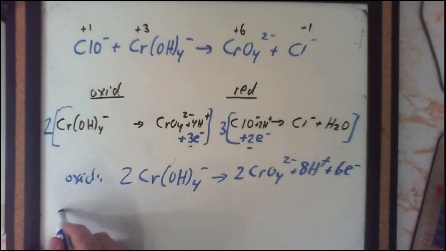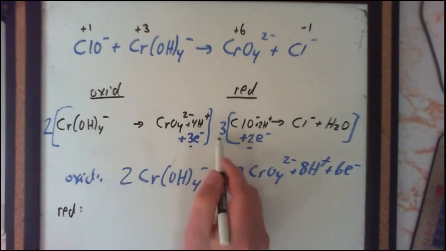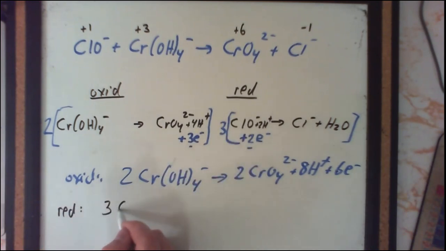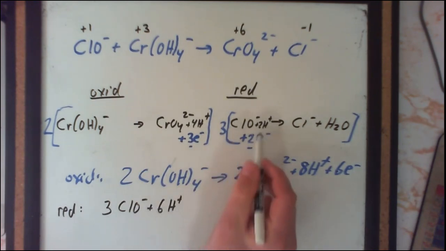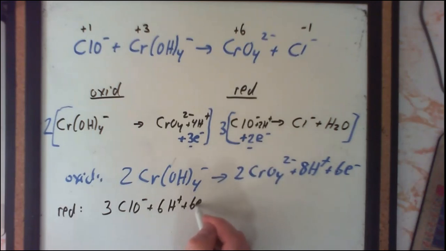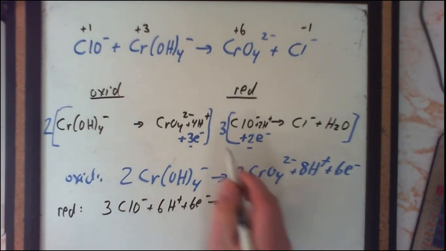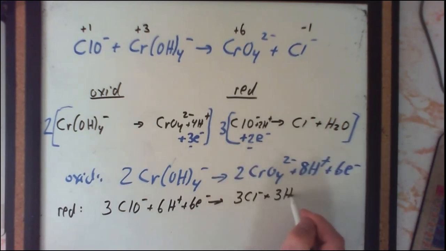That's my oxidation half reaction. My reduction half reaction is going to be 3 times, so 3 times ClO minus plus 6 hydrogens plus 6 electrons gives me then 3 Cl minus plus 3 water molecules.